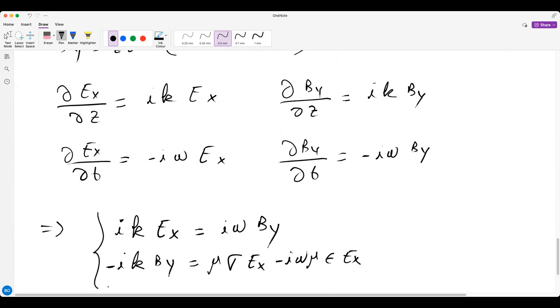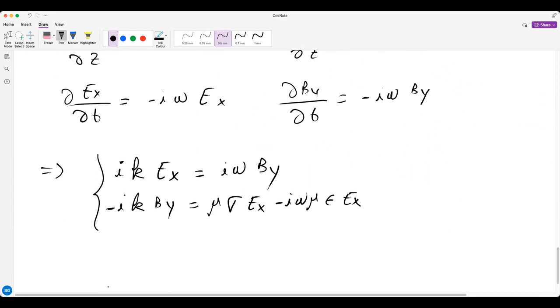Those are the two equations. These two equations have the following unknowns: this Ex and this By.